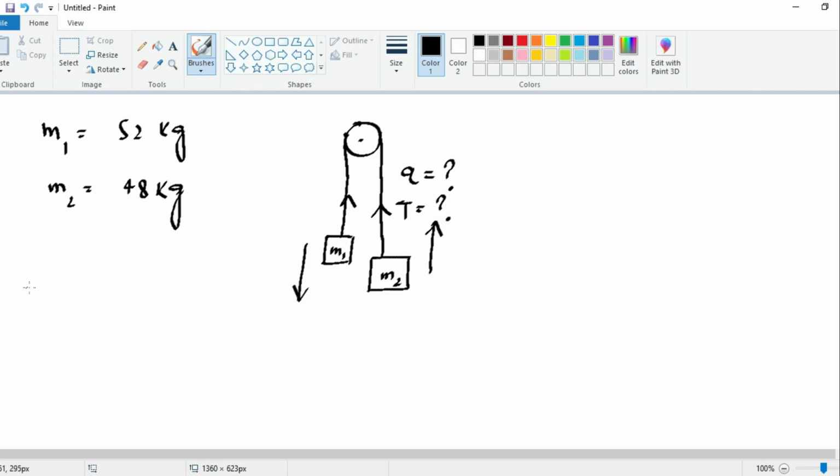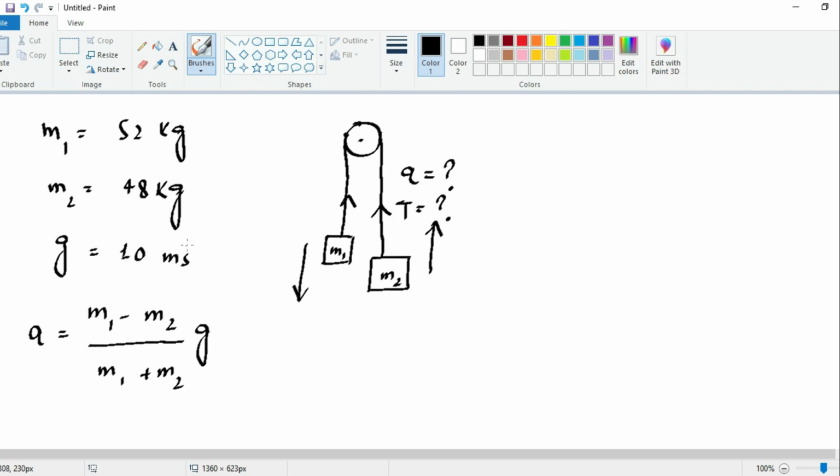To calculate the acceleration in this system, we use the formula A is equal to (m1 minus m2) divided by (m1 plus m2), into g. Here g is the gravitational acceleration. Its value is 10 meter per second square.